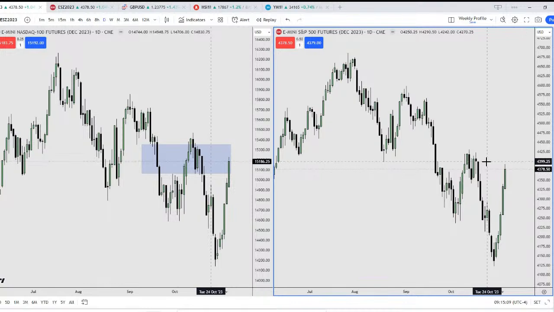That is totally possible here, and if that's the case, then we are in for a low probability, maybe I wouldn't use the word low probability, but a 50-50 bias, right?